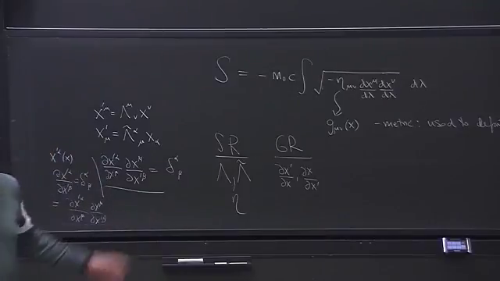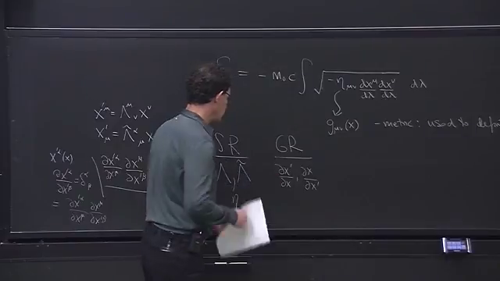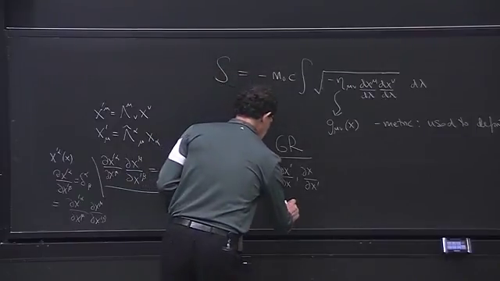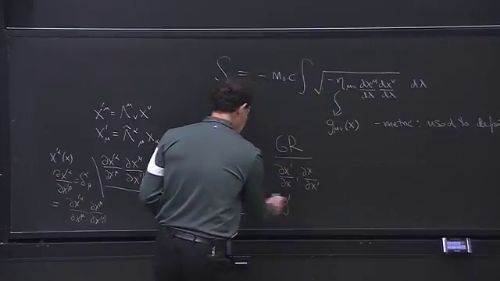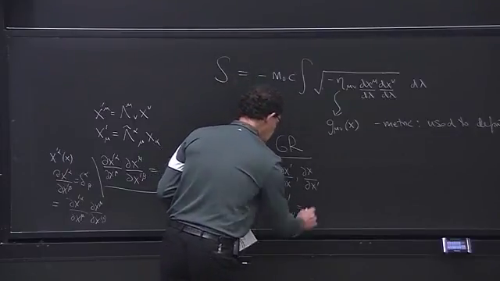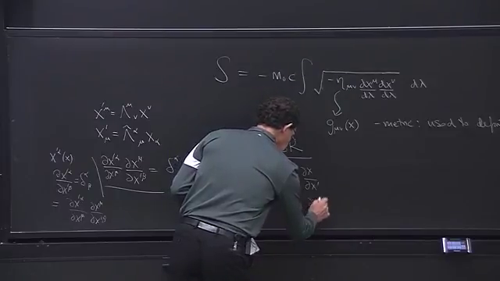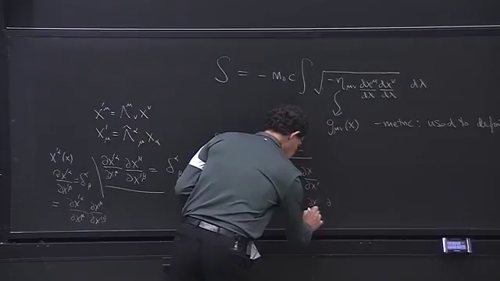And so everything we did with tensors in special relativity goes straight over to general relativity, with the exception that the metric is not unchanged. The metric in a new coordinate system would be changed like a tensor.